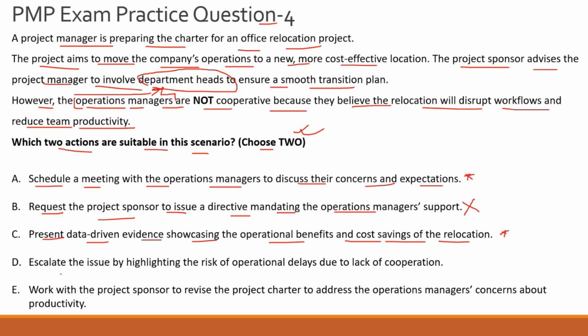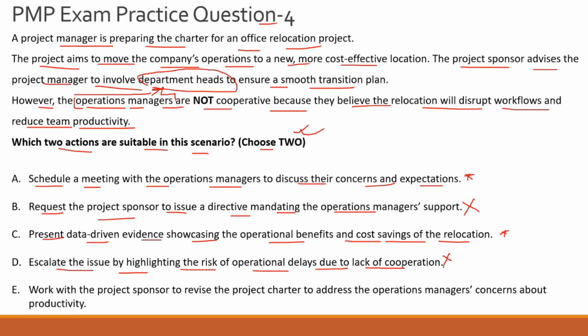Let's look at option D, which is to escalate the issue by highlighting the risk of operational delays due to lack of cooperation. Again, escalation is something which you typically avoid in these kinds of questions in your PMP exam, or also in real-life scenarios, because the moment you escalate, your credibility as a project manager goes down.